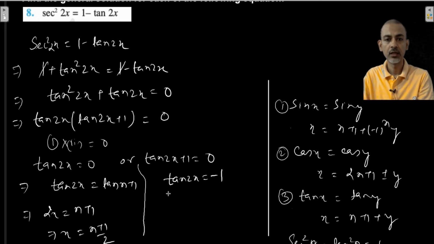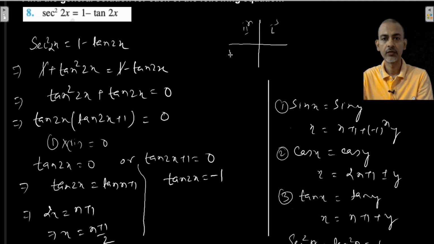Now you have to look at where tan theta would be negative. When you look at the coordinate system, you see first, second, third and fourth quadrants. You have tan theta negative in the second quadrant and in the fourth quadrant. It is positive in the third as well as in the first, right?